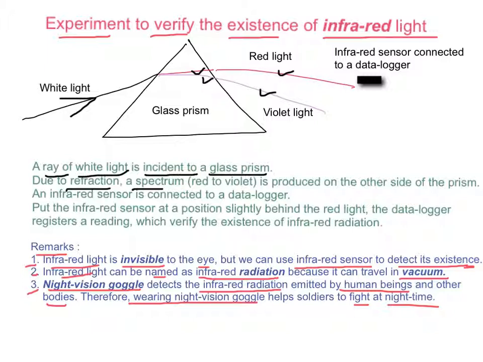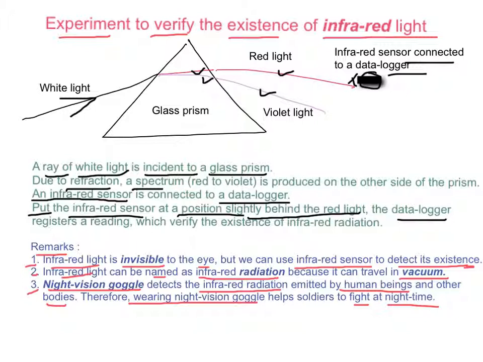As infrared is at a position just behind red light, we connect the infrared sensor to a data logger and put the sensor at a position slightly behind the red light. The data logger will register a reading, which verifies the existence of infrared radiation.